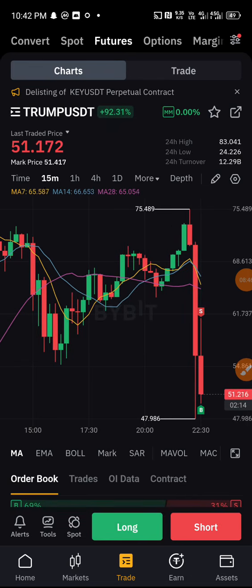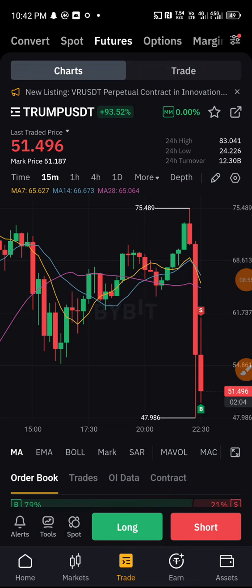Most especially when you are trading on this futures trading, which is known as perpetual, you must be very careful. With these strategies, you can make 200 USDT in the blink of an eye. And don't forget, you can still lose it. That's derivatives for you, most especially when you are trading coins like Trump that have very high volatility.